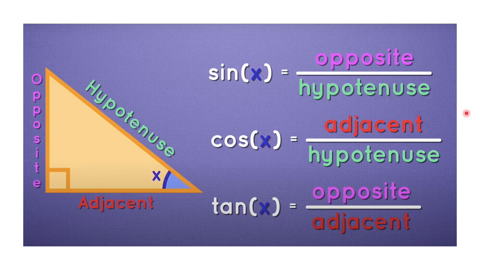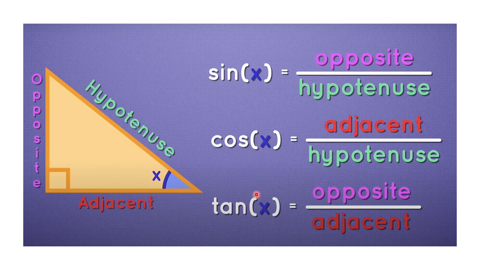The trigonometric functions that we are going to learn are sine, cosine, and tangent. These functions describe the relationship between the measure of an angle and the length of a side.